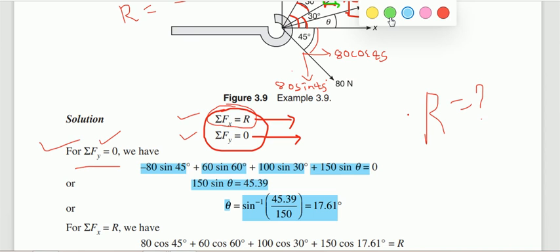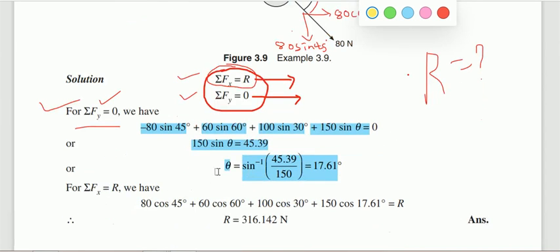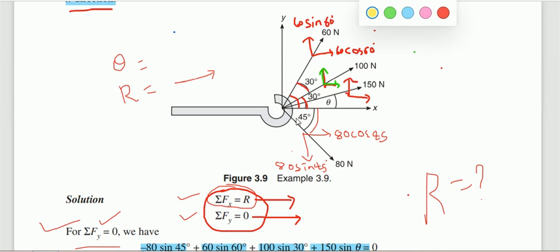So just observe again, summation of Fx is equal to R. Again, all the forces are acting along the positive direction. You can observe all the forces are moving in this direction, all are positive.